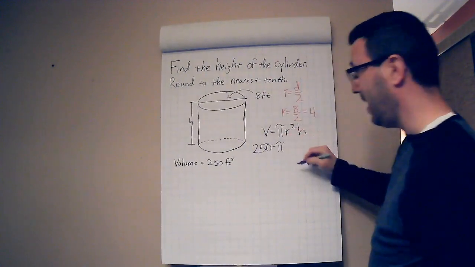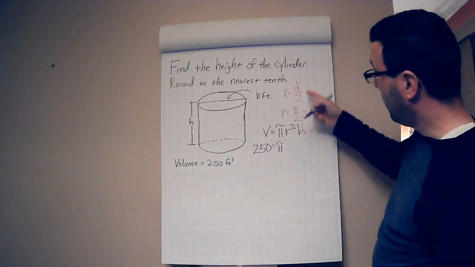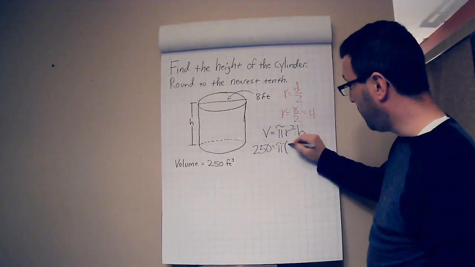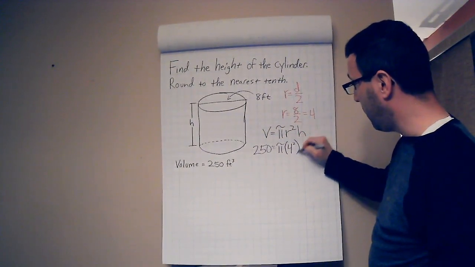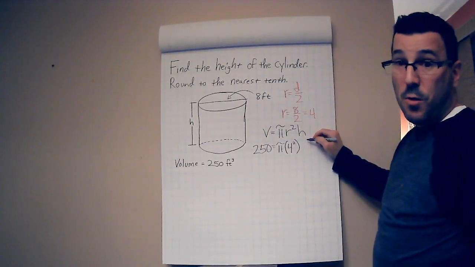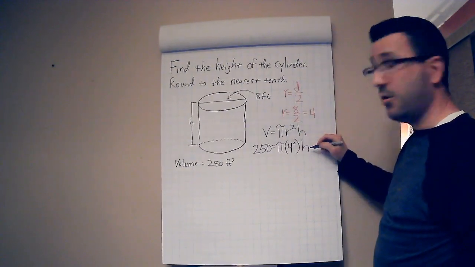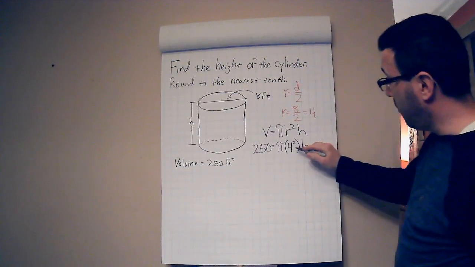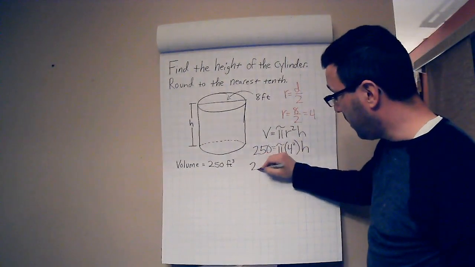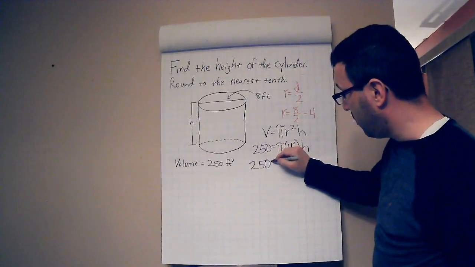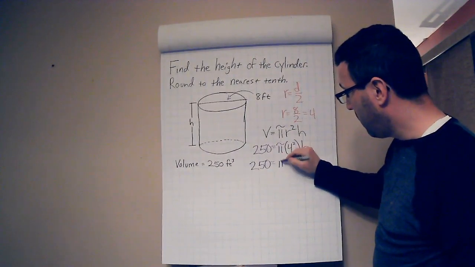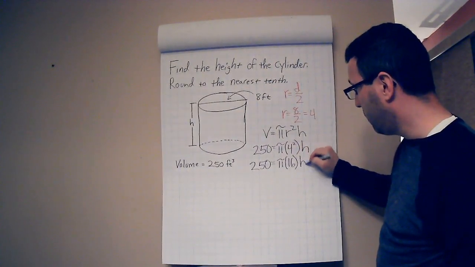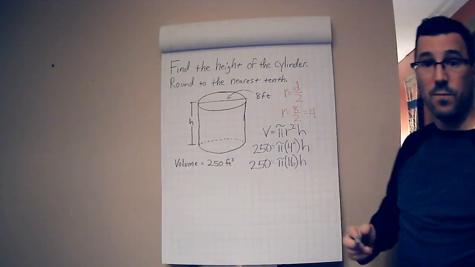Pi is going to stay the same. We know our radius is 4, so I'm going to plug that in. 4 squared. We don't know h, so we're just going to write h. So now, we're going to do 4 squared. Nothing happens on the left-hand side with the 250. Pi times 16, and then the h on the outside.